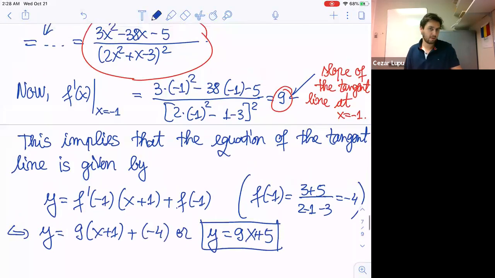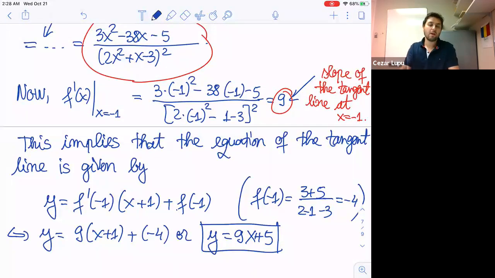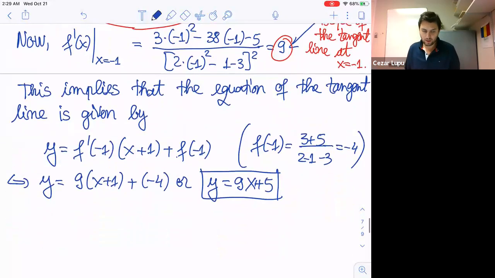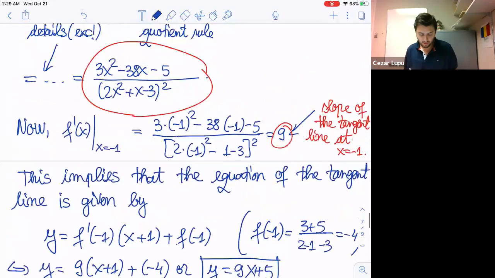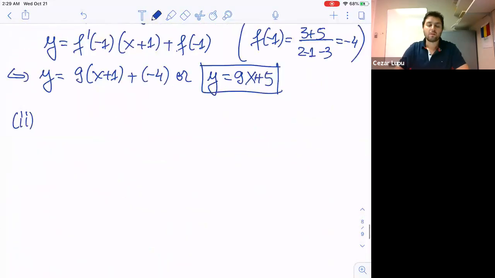Okay, so for the tangent line you just need to find the derivative. But now, how to find the equation of the normal line? What do we know about that? Let's see the second part. First of all, the normal line will be perpendicular to the tangent line.